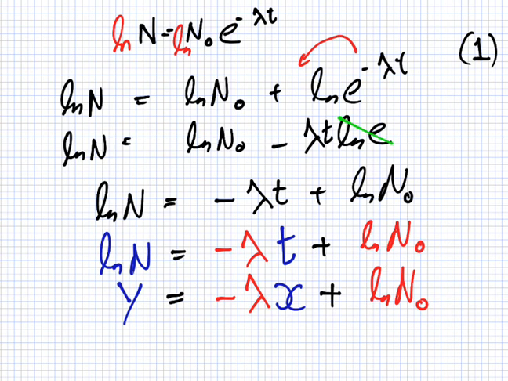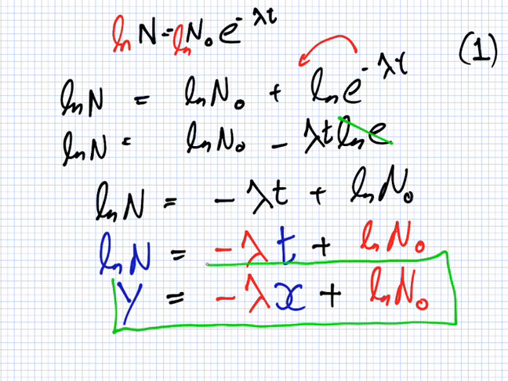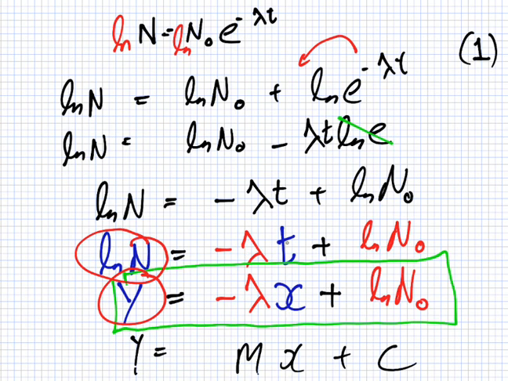So can you see now that the equation we get is like a straight line? y equals mx plus c, when we use log n on the y-axis and time on the x-axis. So this is why we get a straight line. And in fact, what can we say the slope of this line is? Minus lambda, yeah. And the c is log n0.